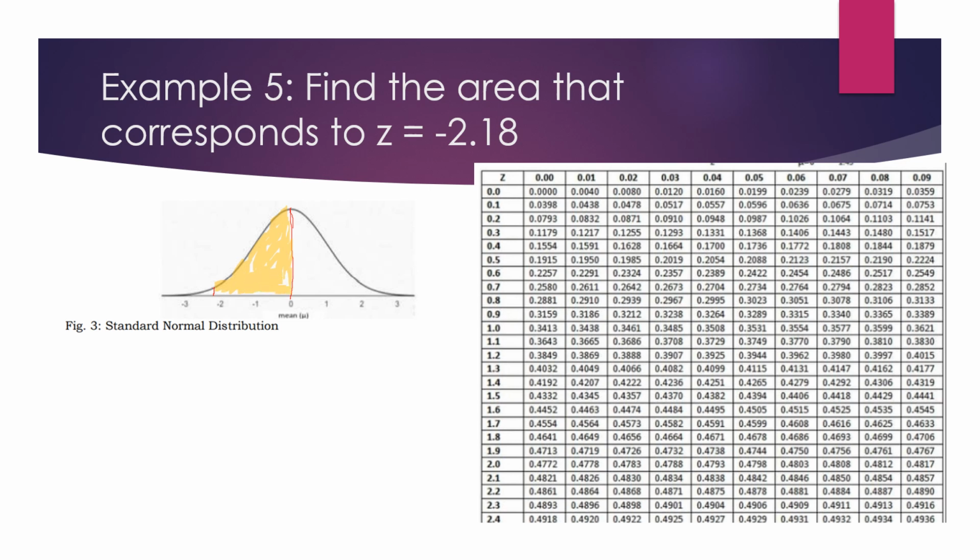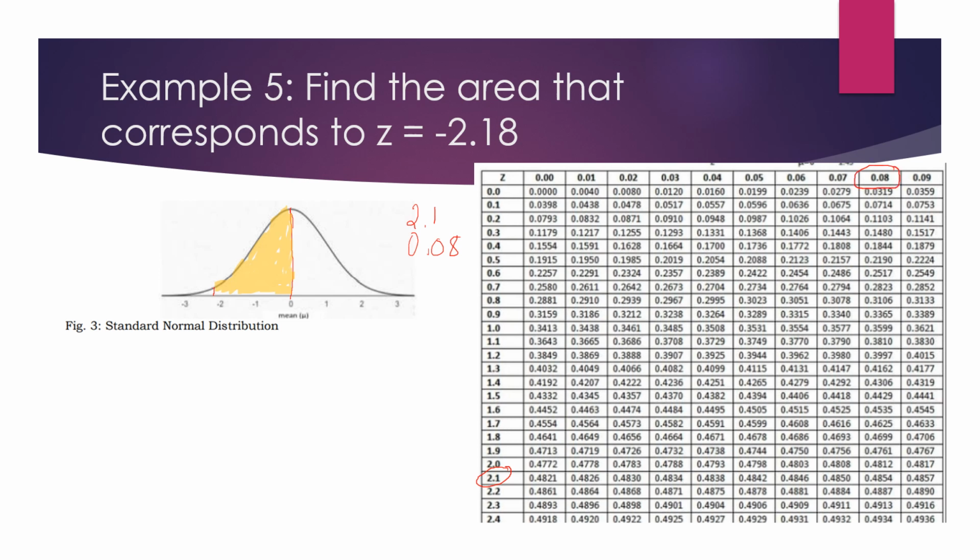For us to find the area of this region, first we will take the first two digits. We'll locate 2.1. 2.1 is this part. And its hundredths place is 0.08. 0.08 is at this part.